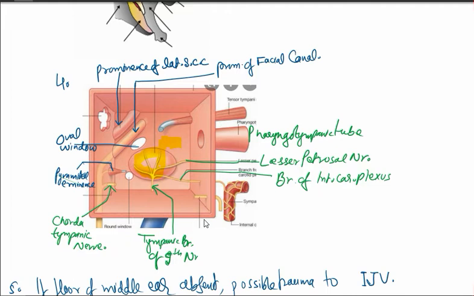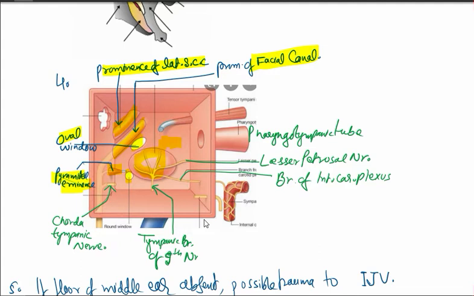So the floor consists of this structure. There is a prominence of the lateral semicircular canal, and this is the facial canal through which the facial nerve is going, and the oval window, round window, and pyramidal eminence are also seen.